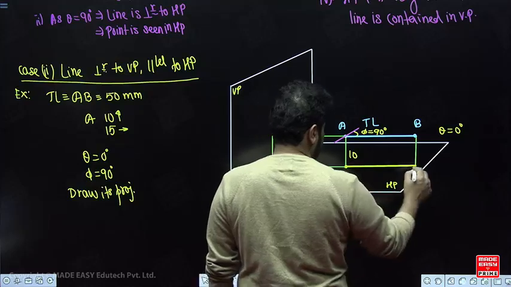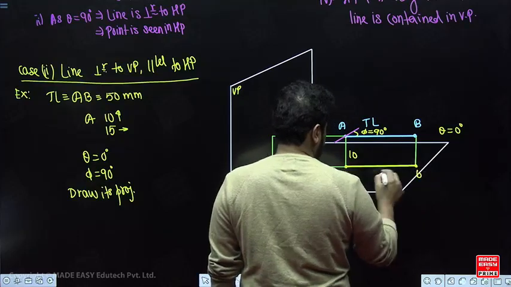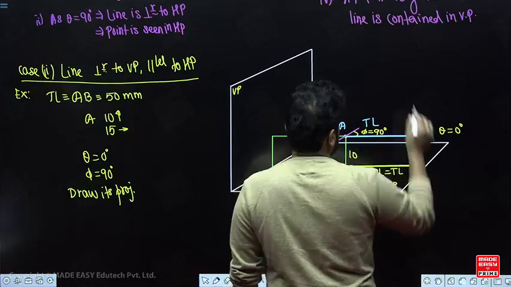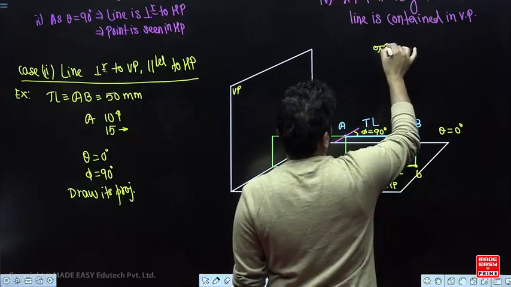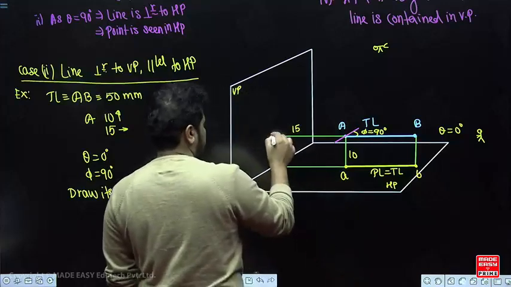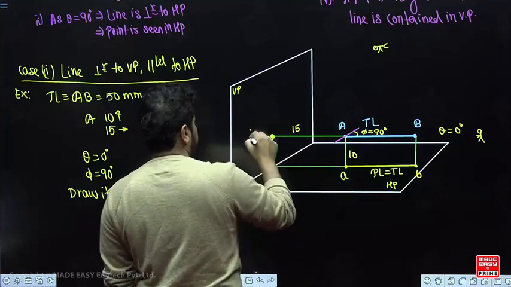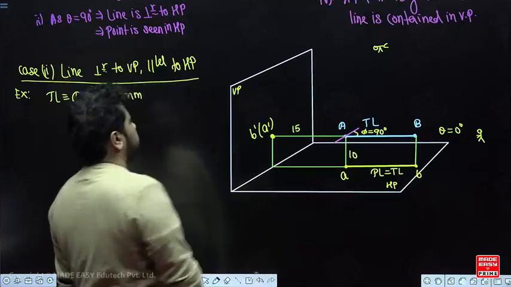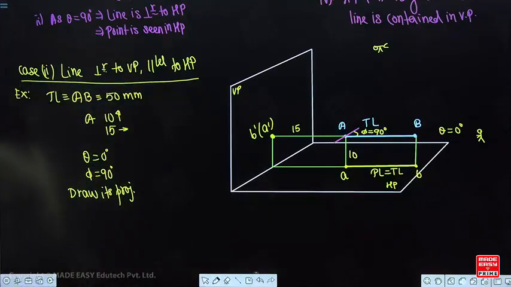this point is A, this point is B, and this is the plan length which will be same as true length, right? So when viewed from the top, when viewed from the front, there will be a point, B dash will be seen, A dash will be not seen, isn't it? So this is the projection.